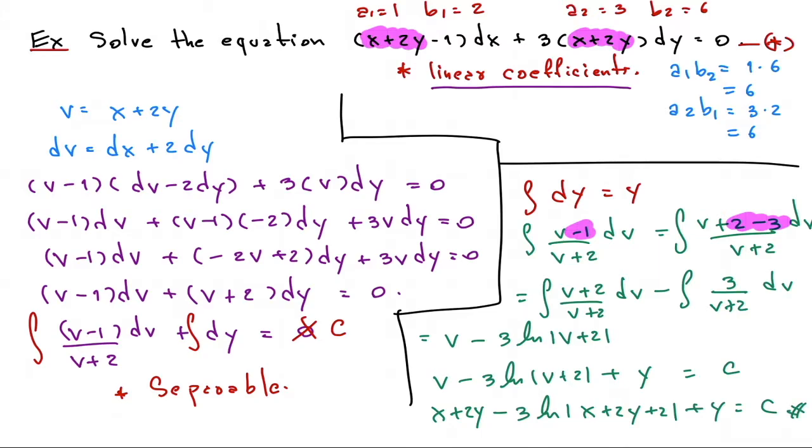So here, this equation is actually the equation with linear coefficients, so it can go back to the method that we know. But if we assume that we don't know this method, we can substitute v by this x plus 2y, which appears a couple of times in the equation.